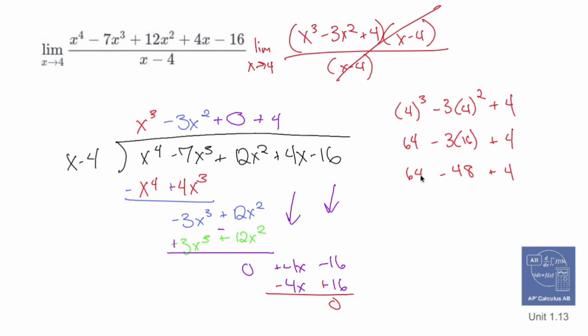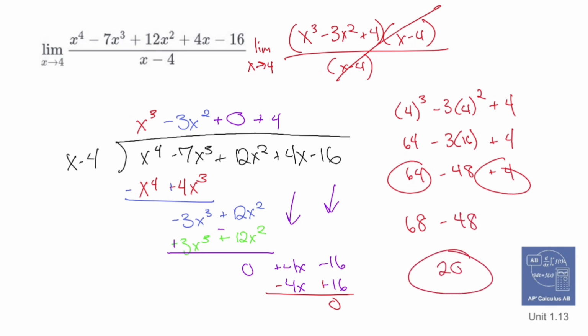I'm just going to do 64 plus 4 first because it's easier for me. It's going to be 68, and 68 minus 48 is 20. So yeah, I did this hoping that I would have a remainder of 0. My hopes were good. Maybe there's a different way to do it, but this is how I did it, and I'm sticking with it. Synthetic division also works if you like that type of thing.